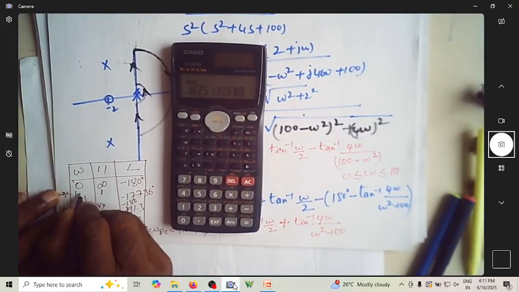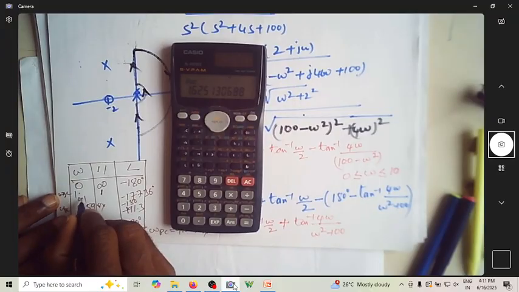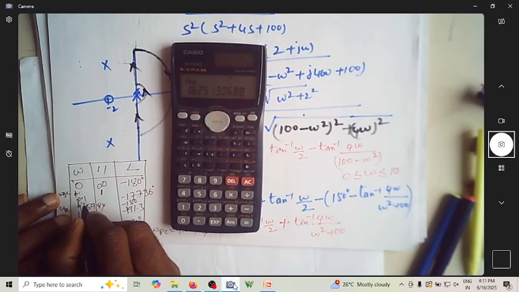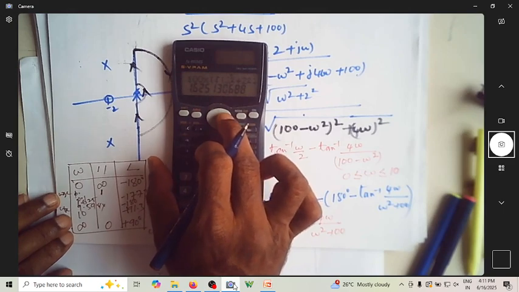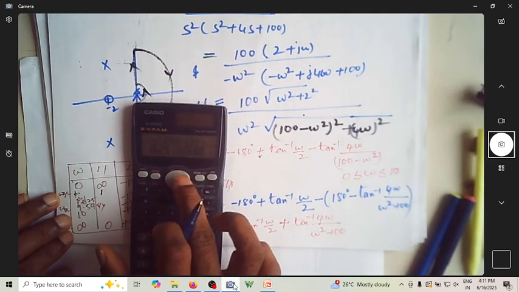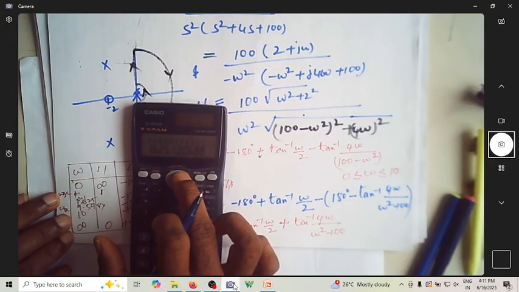It is 1.625. At 1.625 I have, just a minute, square 100 minus square 4 alpha.